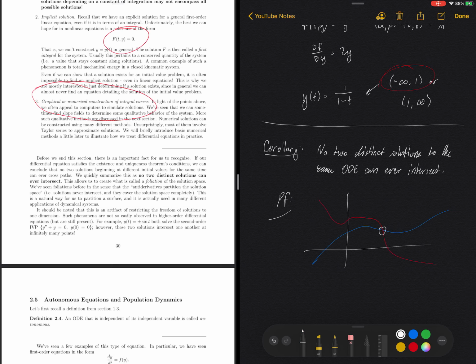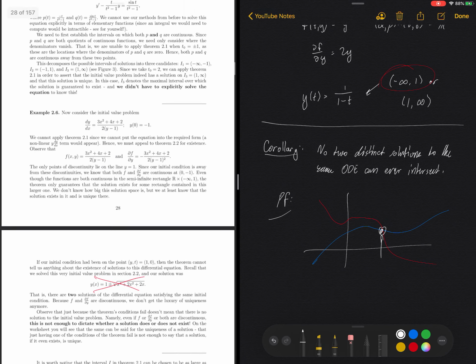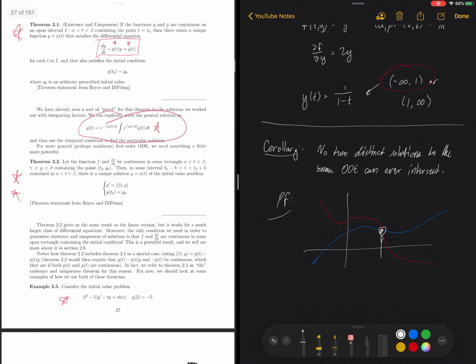The reason behind this is, if you had two solutions that intersected, here's a blue curve and here's a red curve, and they intersect right here, that would mean there is a common intersection point, which means there's a common initial condition that these two solutions share. But the existence and uniqueness theorem, specifically the nonlinear version, says that I get a unique solution for every initial condition.